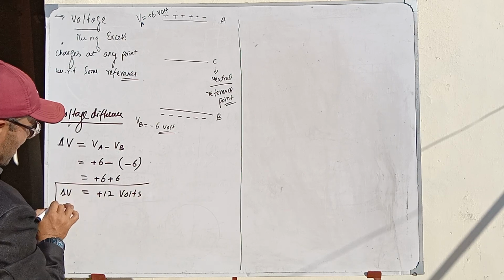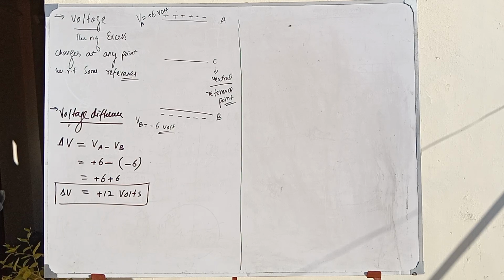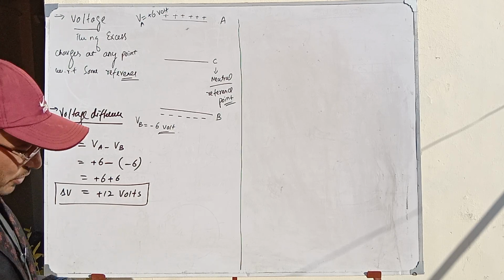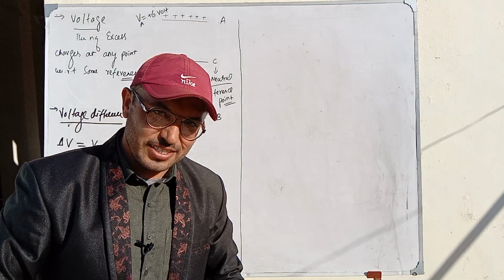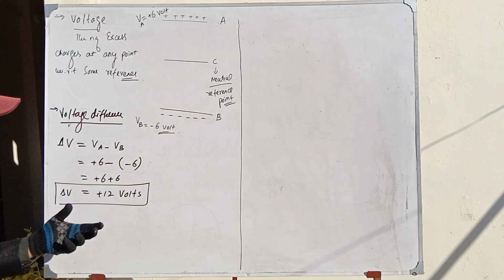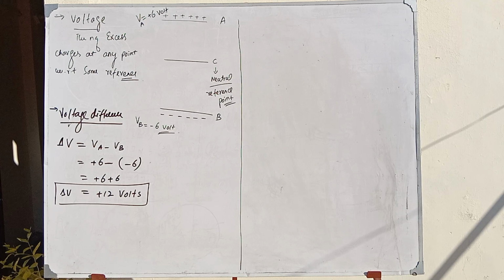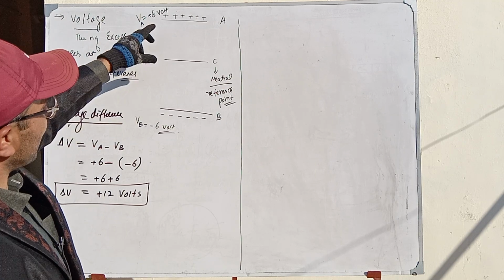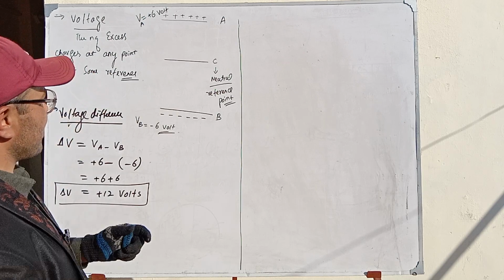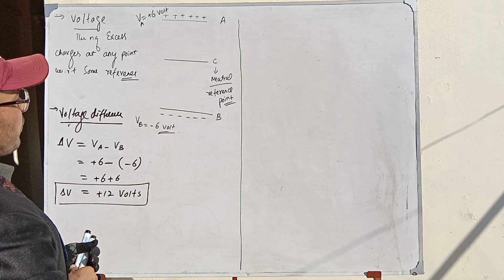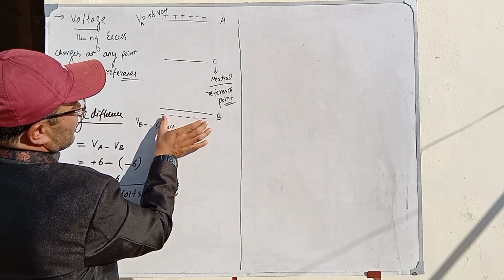You are always familiar with the battery which is connected with UPS systems, which is of 12 volts. So what is the physical meaning of this 12 volt? It means that two plates have a difference of 12 charges.